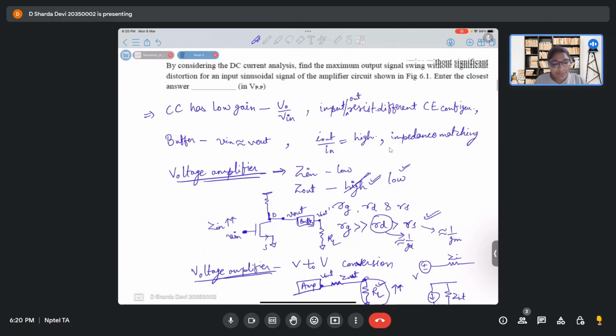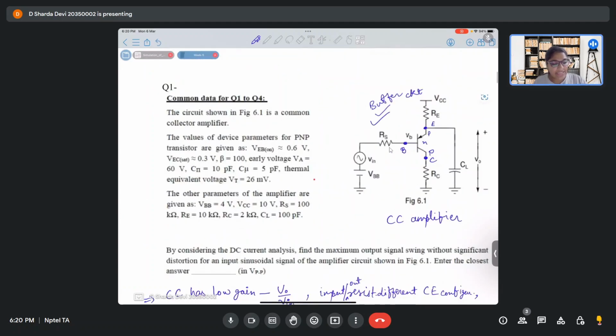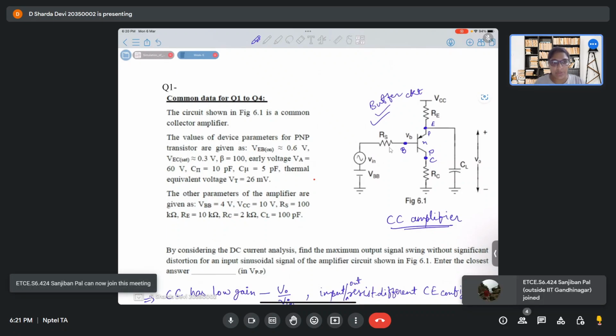In terms of BJT, the buffer circuit is the CC amplifier or CC configuration. We also call it an emitter follower. Why do we call it an emitter follower? It's because IC is almost equal to IE, and the input terminal and output terminal voltages are almost equal.